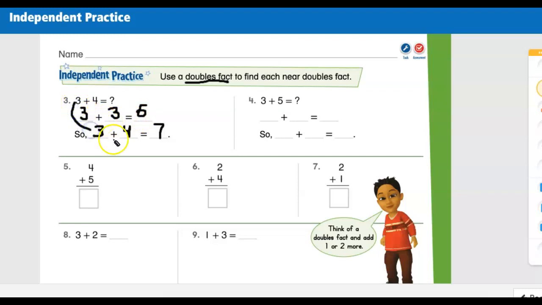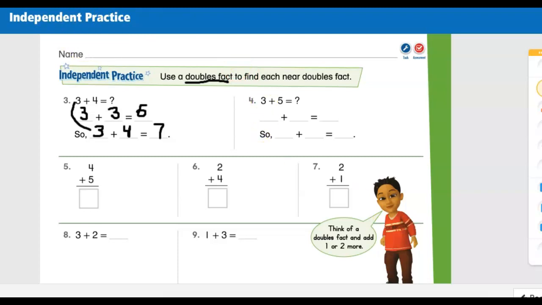We wrote that in the blank, and then solved it. So you guys are going to do that for number 4, where it says 3 plus 5 equals blank. And if you need to pause the video to continue working on this, please go ahead and do so, because we are going to move on to number 5.